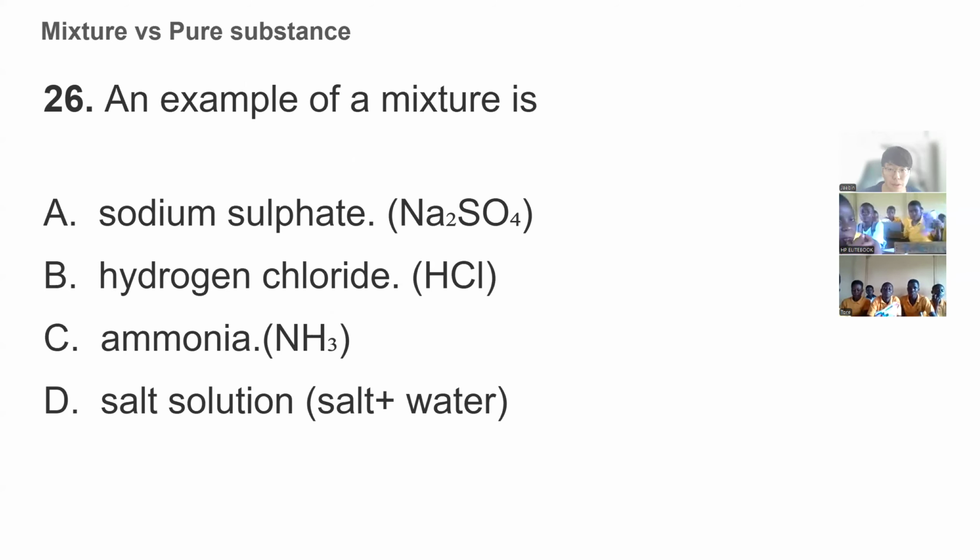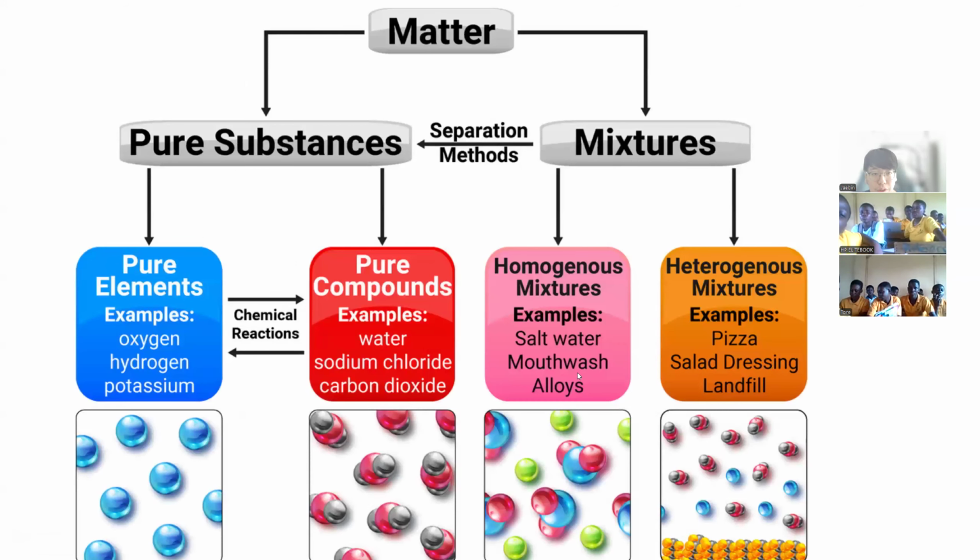So I'll quickly get through what a mixture is first. An example of a mixture is the salt solution, salt plus water. You might be asking, what is a mixture and what is a pure substance? Well, matter can be categorized into pure substances or mixtures.